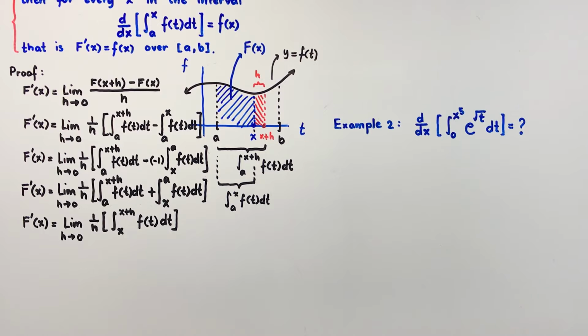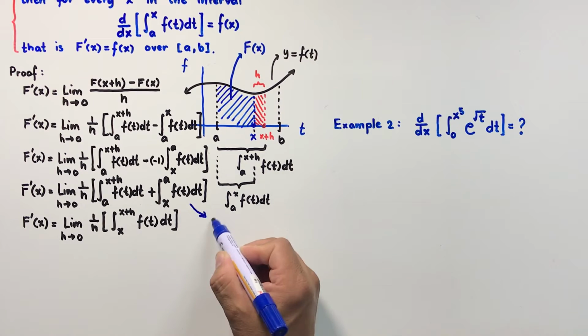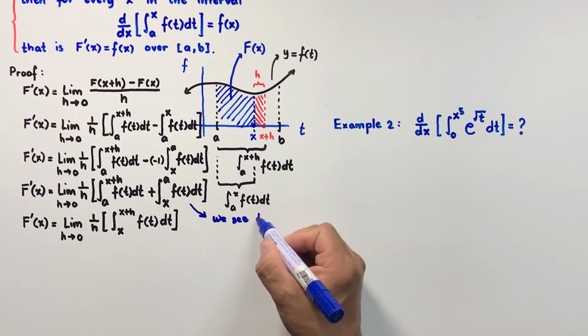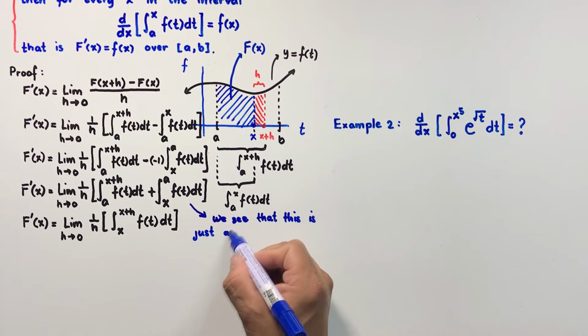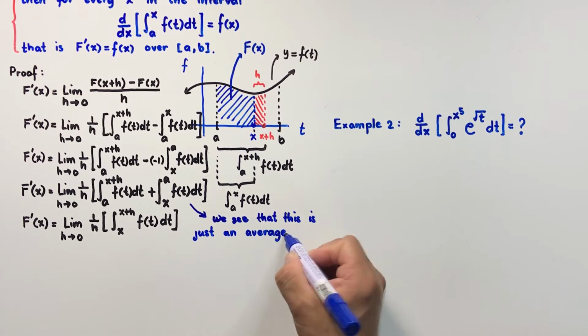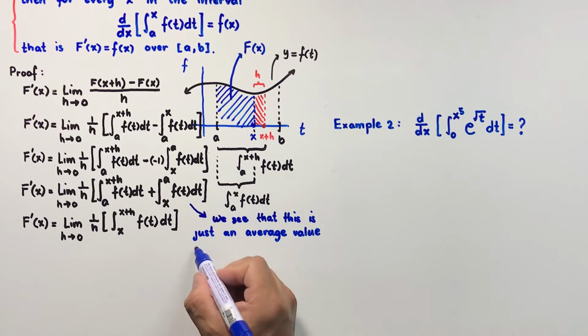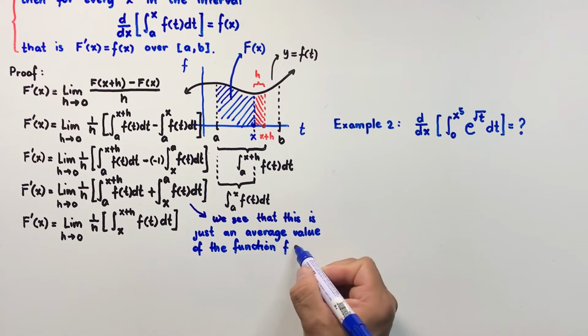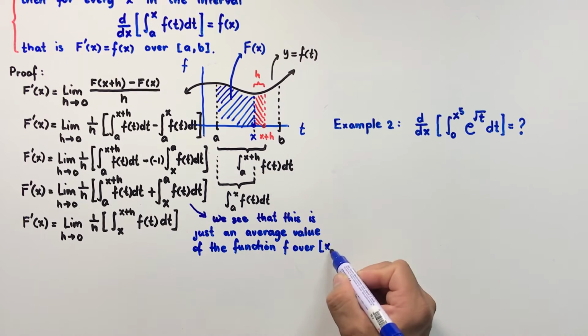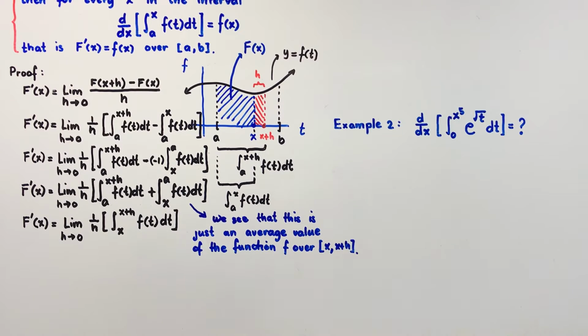Why? Because this is just an average value of the function small f over this interval from x to x plus h. So this little interval here.